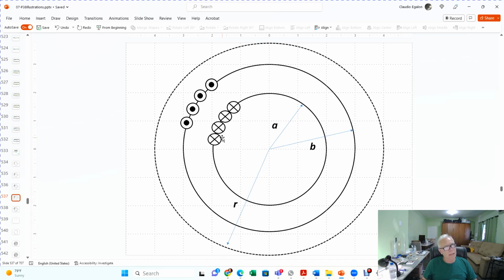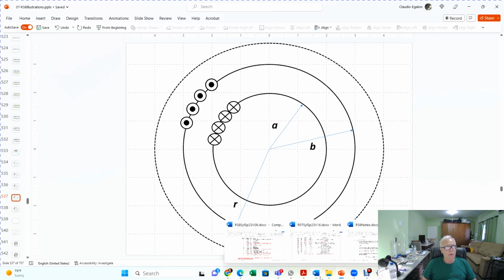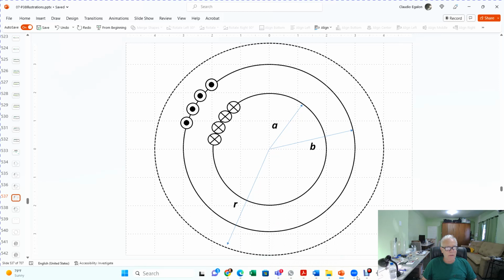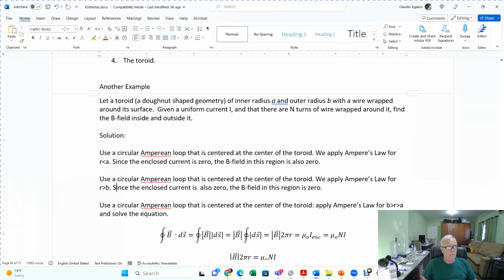Positive current, negative current, same magnitude because we have uniform current on both sides. The net or enclosed current is going to be 0 as well. So in the region inside and outside the toroid, the magnetic field is 0.